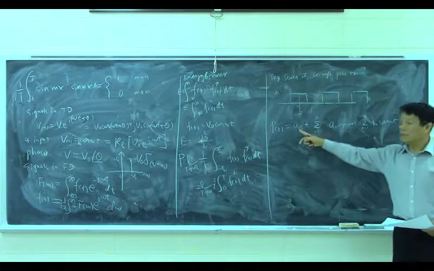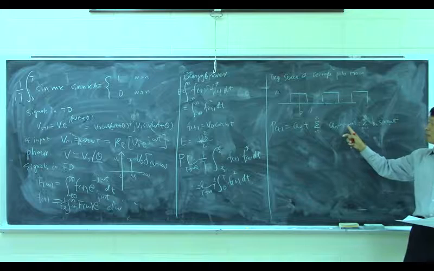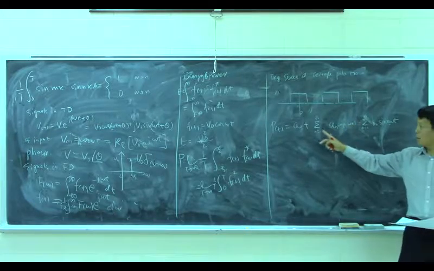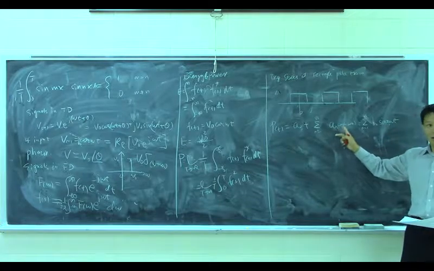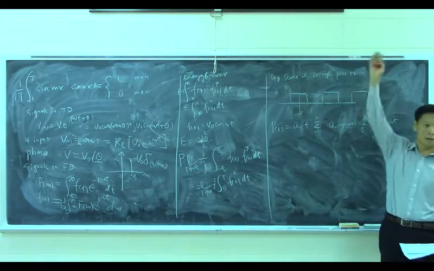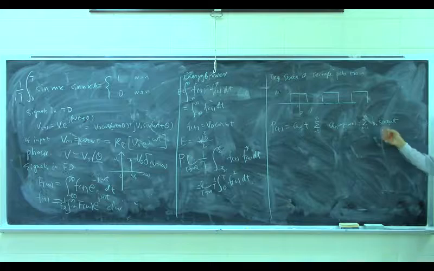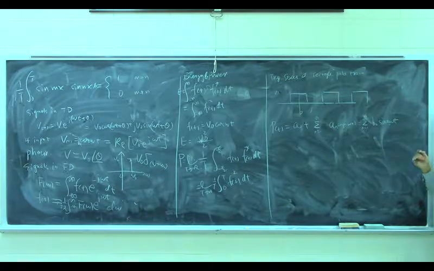That means a0 plus a1 cosine 1 omega t, plus a2 cosine 2 omega t, plus a3 cosine 3 omega t, all the way to infinity. And the same thing here.